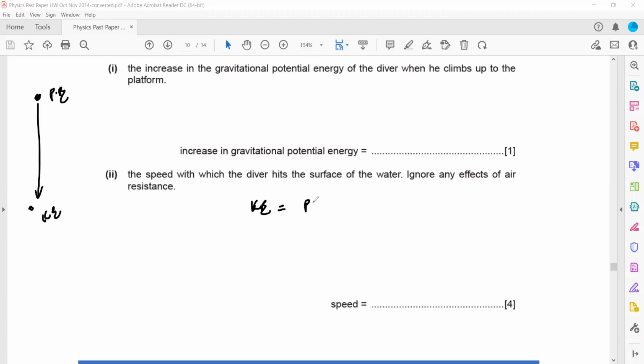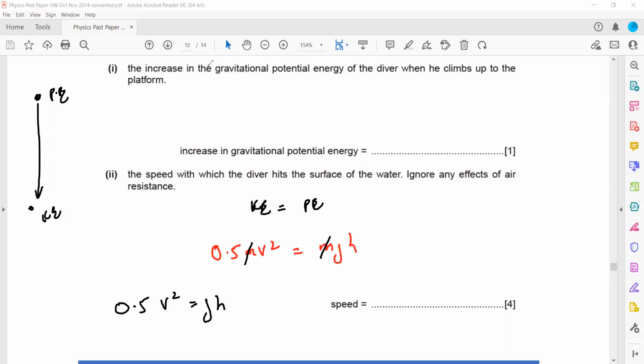The kinetic energy is given by the formula half mv square, or 0.5 mv square. Potential energy is given by the formula mgh. So when kinetic and potential energy are the same, m can cancel with m. So we can also say that 0.5 v square is equal to gh.